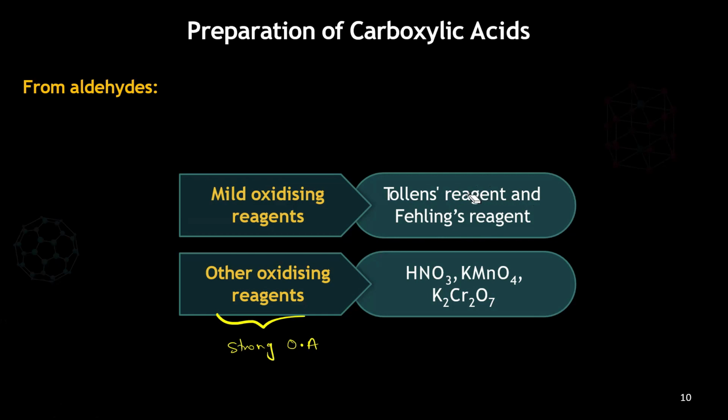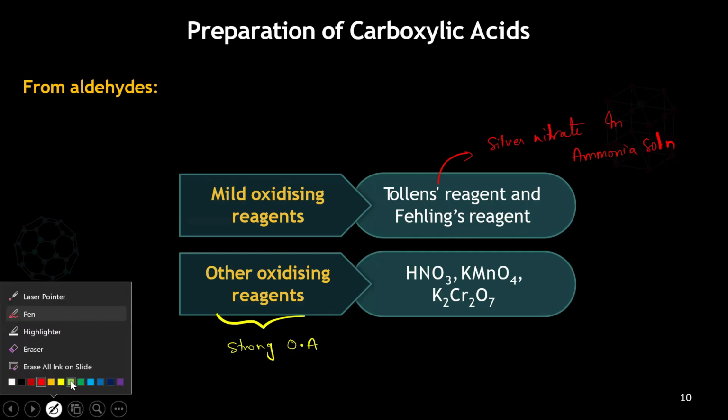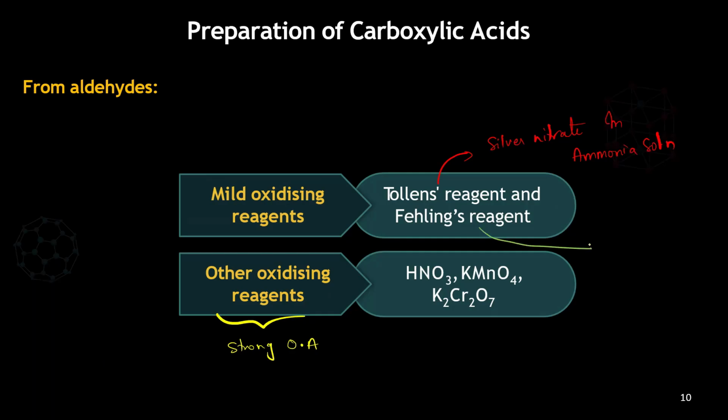Wherever you see Tollens reagent, it is always silver nitrate in ammonia solution. We'll see the reaction in detail, but just know that Fehling's reagent is copper sulfate in alkaline solution.